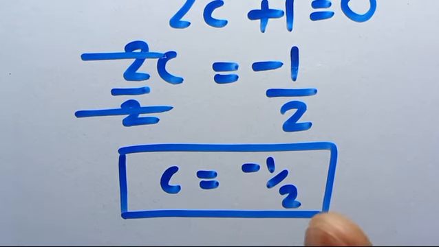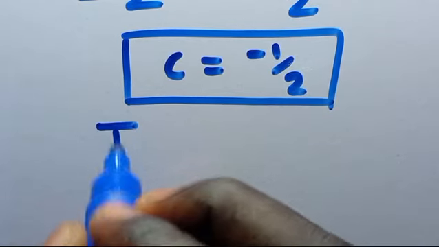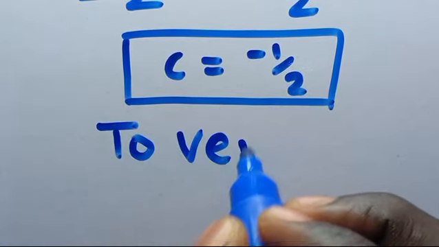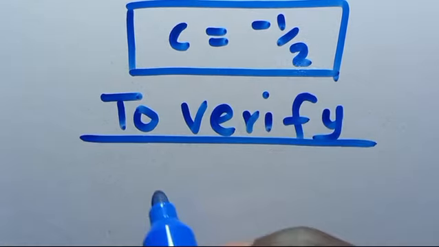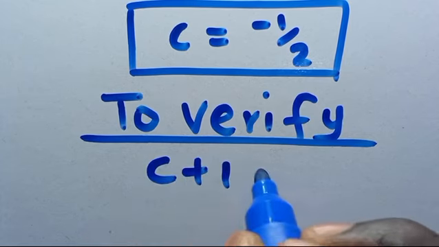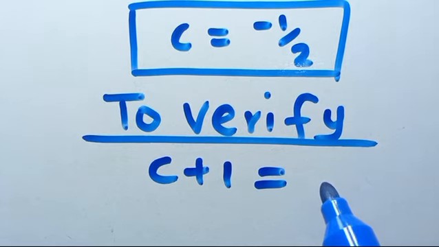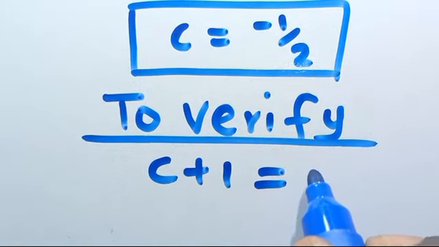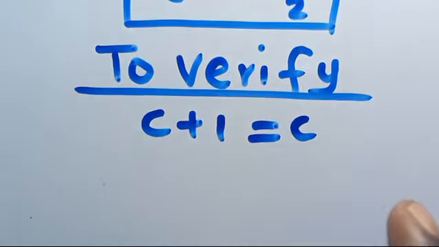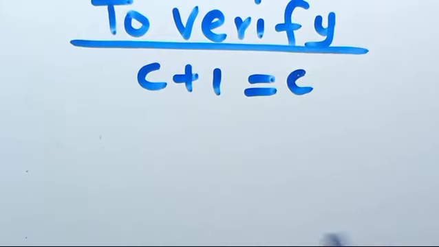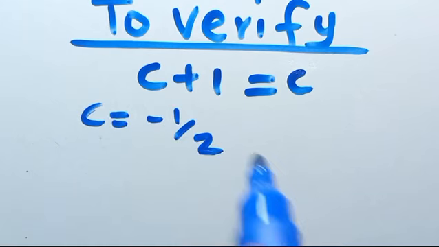Then let us now check whether this will satisfy or not. To verify, we are given C plus 1 equals C. Then we have our C to be equals minus 1 over 2.